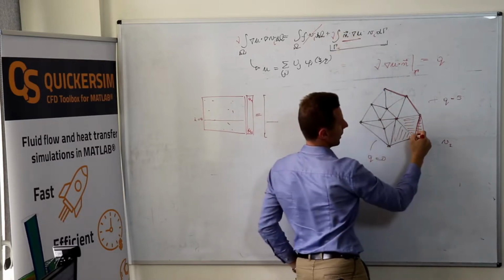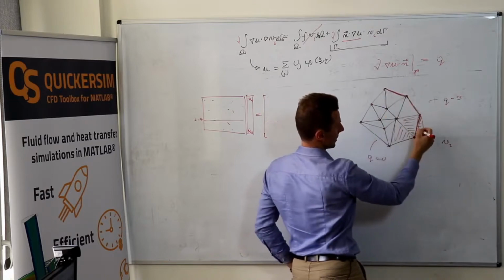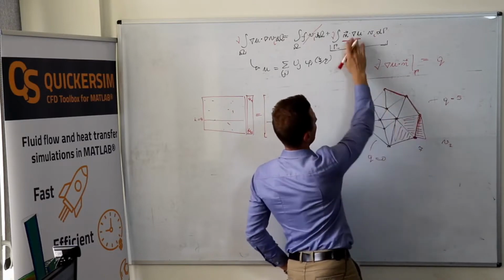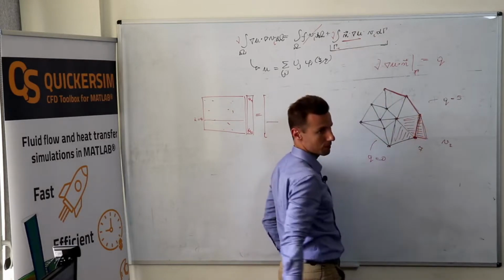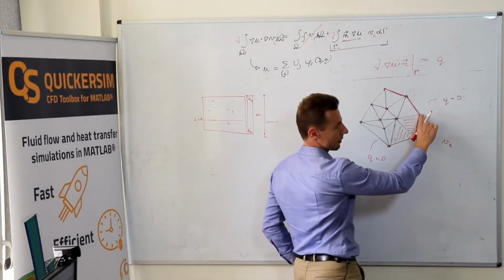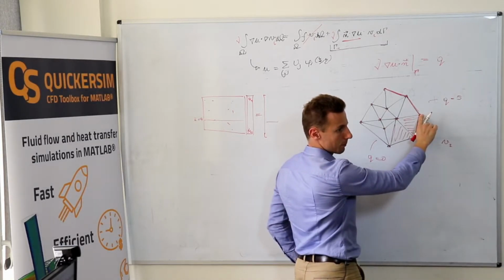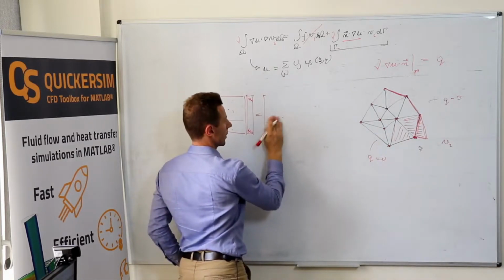So we know that here the boundary condition should be 5, 5, and 5. So what do we need to compute? 5 times distribution of this test function over that portion of boundary. And then something like that goes here.